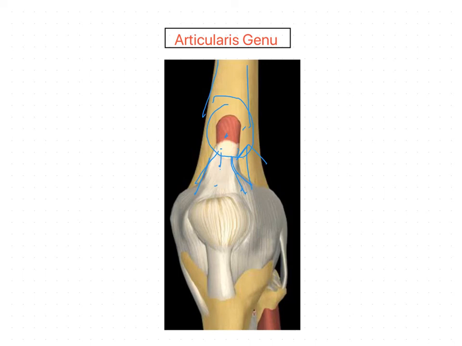If those foldings are present during movements, damage to the synovial membrane may occur. So the articularis genu muscle pulls the synovial membrane upwards during extension of the knee, thus preventing damage to it. These are the muscles related to the anterior aspect of the thigh.